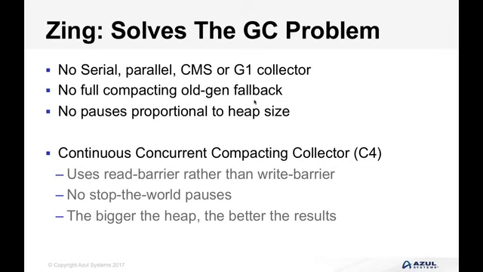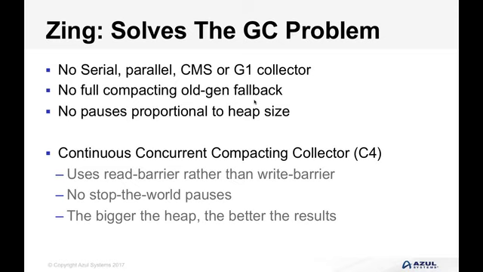What the C4 way of doing things does is it uses a different approach, as I said. What most collectors do is to use a write barrier. So whenever you want to change data in the objects that you're manipulating, there's an intercept to say, is this the right place that we want to make changes? What we do with C4 is we actually intercept every read that's associated with an object.